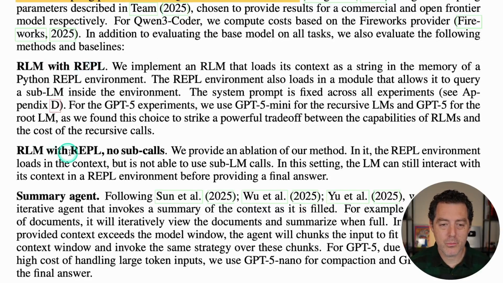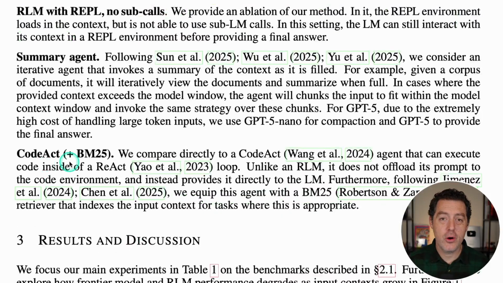We have RLM with REPL with no subcalls, meaning it just did one call and it didn't recursively go through and try to find additional information if it wanted to. Then we have a summary agent, which is kind of the traditional method. And then finally, CodeAct, which is kind of similar to RLM, except it doesn't offload the prompt outside of the context window. And it just provides it directly to the language model.